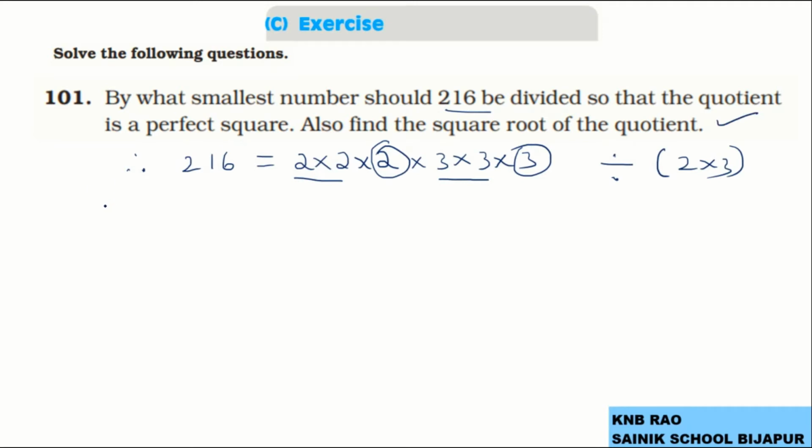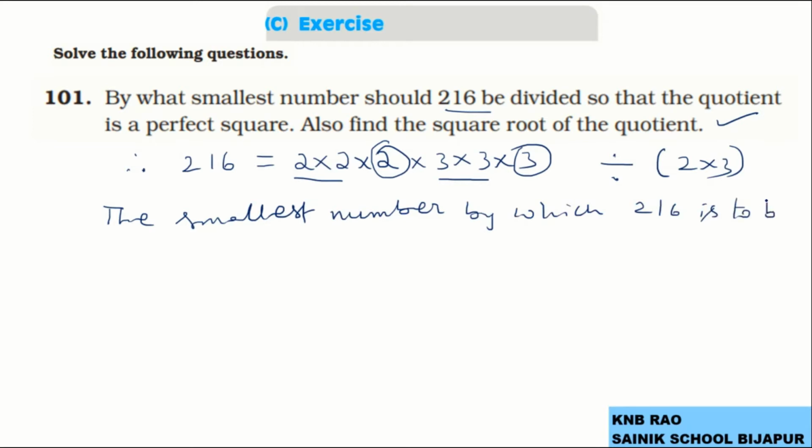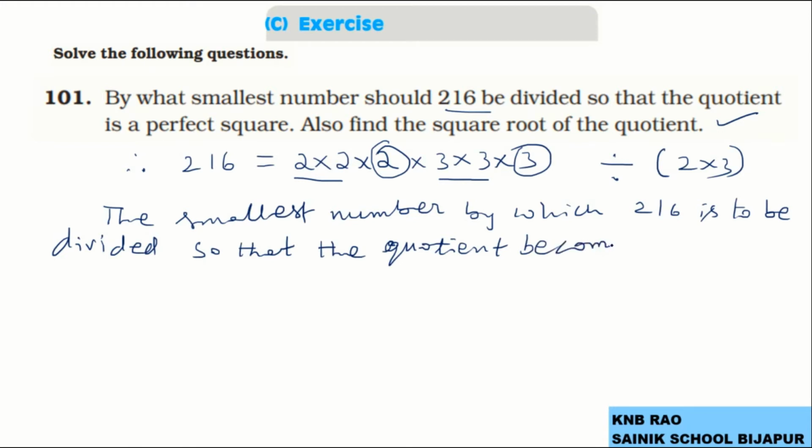So we will write the statement: the smallest number by which 216 is to be divided so that the quotient becomes a perfect square is the product of this. What is it? It is 6.